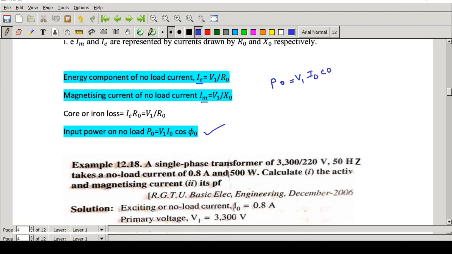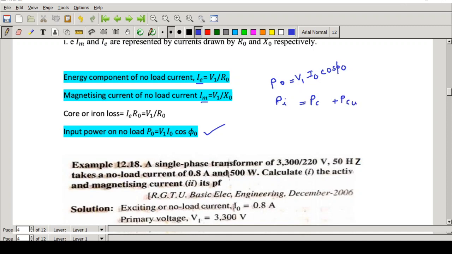Under no load condition, a very important thing is that for an actual transformer, the input power you give will be used for supplying the core loss plus copper loss. This is also very important: core loss plus copper loss.